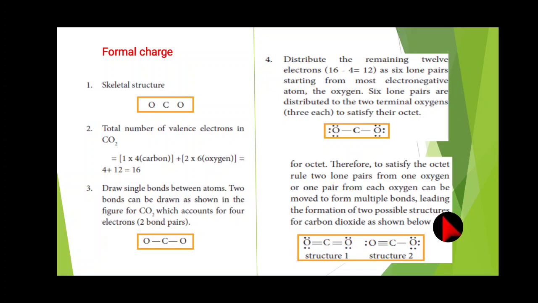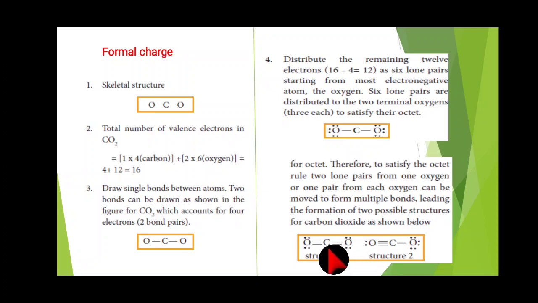Here, 2 types of structure we can draw. In the previous structure, around the oxygen there are 8 electrons, lone pair with the bond pair, but carbon has 4 electrons only.